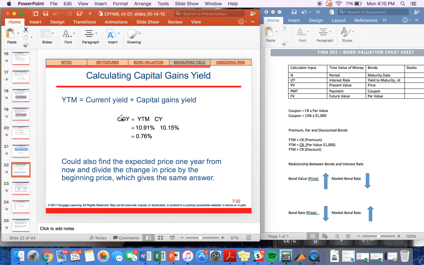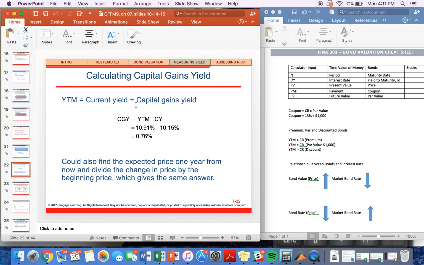So remember, here's our calculation for yield to maturity, and you have two of those factors, so you can solve for the missing factor. So what we did here is we just rearranged our calculation. We took our yield to maturity to the right side and brought our capital gains yield to the other side.